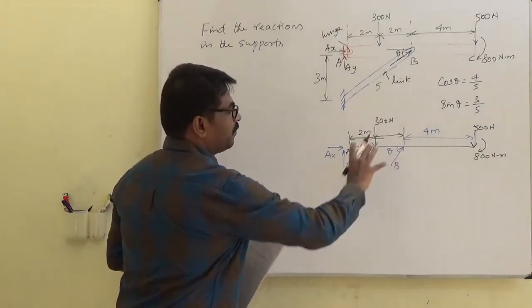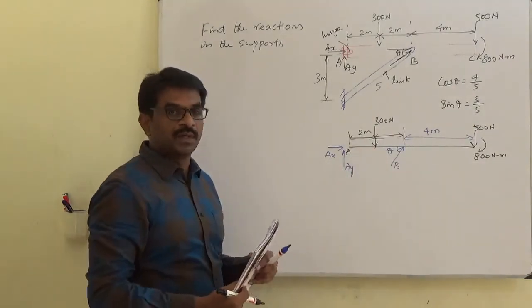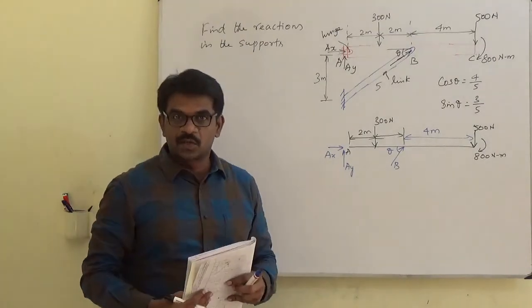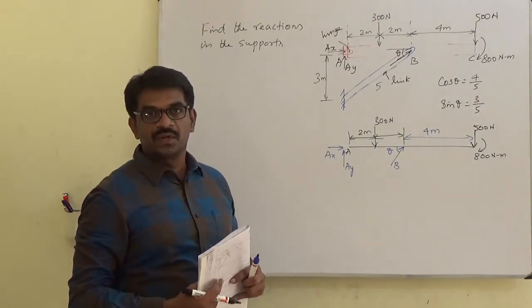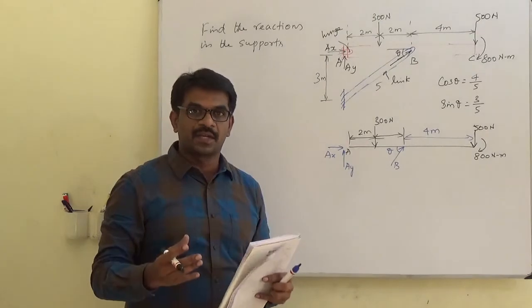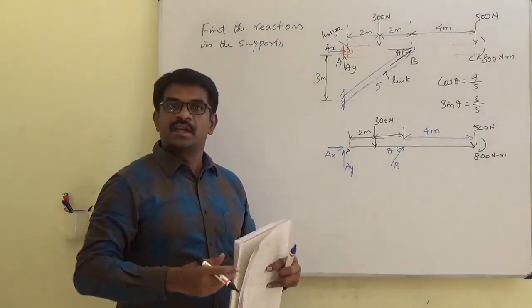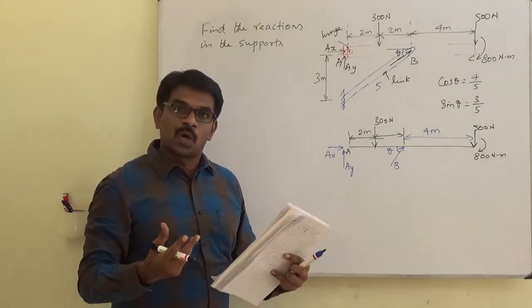So this is the free body diagram. We have to solve this problem. So we have to use three equations: summation of Fx equal to 0, summation of Fy equal to 0, summation of moment about any point equal to 0. Or we can use one force equation and two moment equations also.